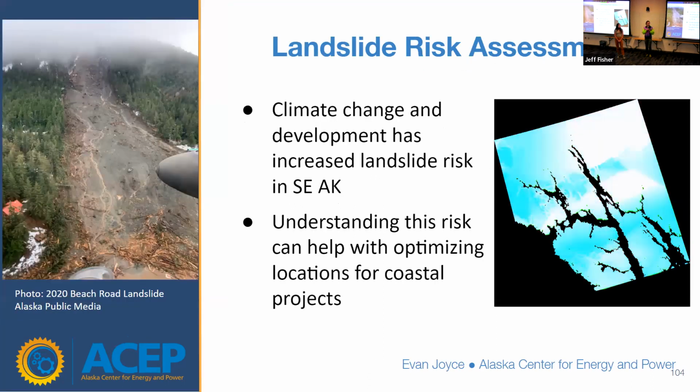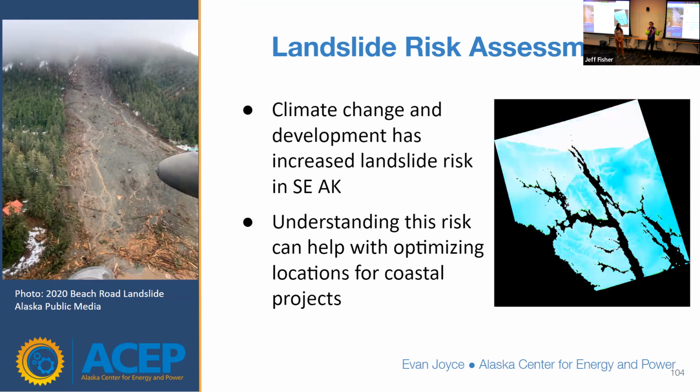All right. And then to talk a little about the project that I was working on. With climate change, especially in a lot of places in Alaska, increased precipitation is one of the main effects. And an additional effect of that is increasing landslide risk. Water content of soils is one of the main drivers of landslides. And with that increasing, landslide risk is increasing.